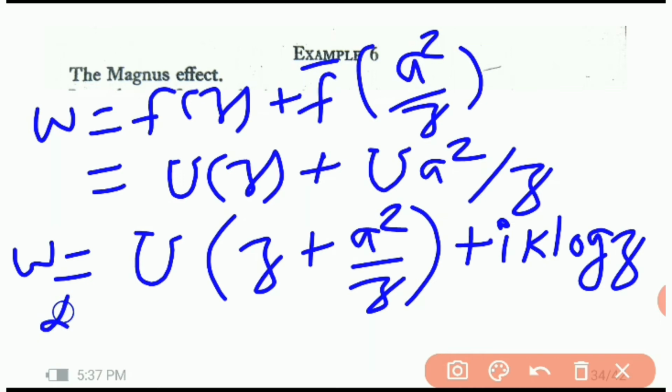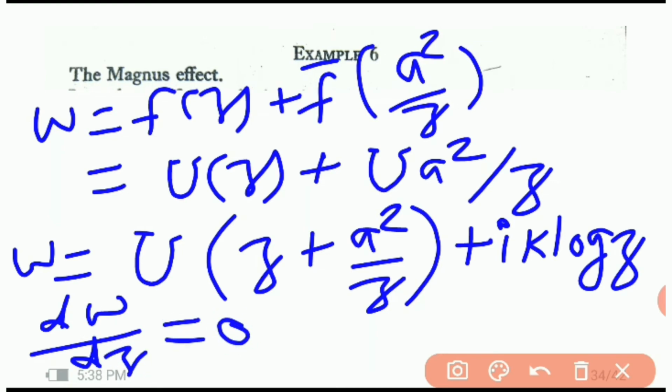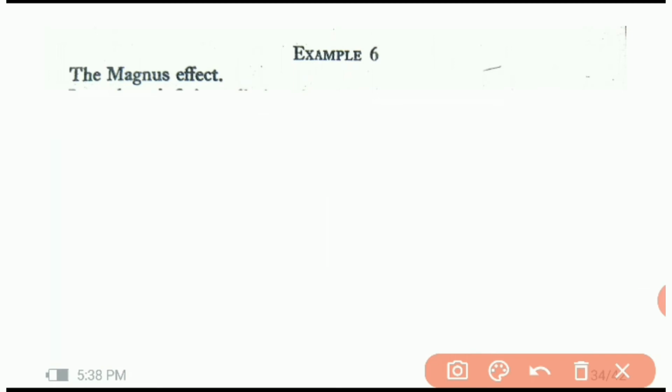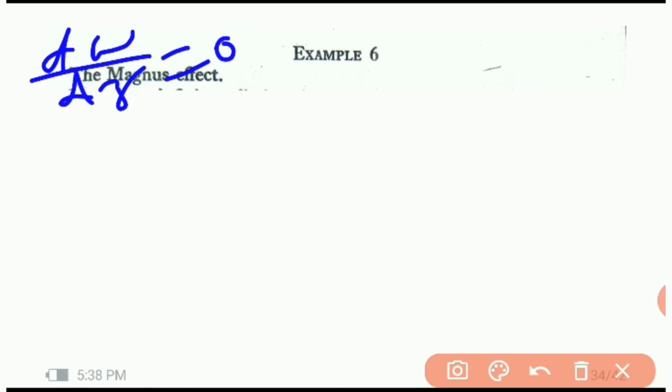The stagnation points are found from dw by dz equal to 0.